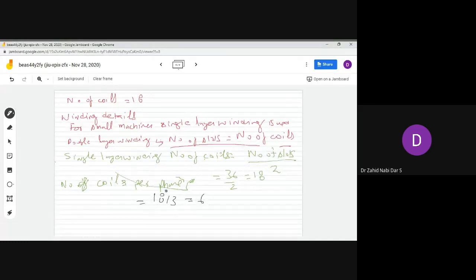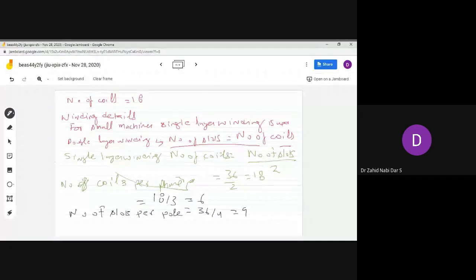The number of slots per pole is equal to 36 divided by 4, that is 9 slots.